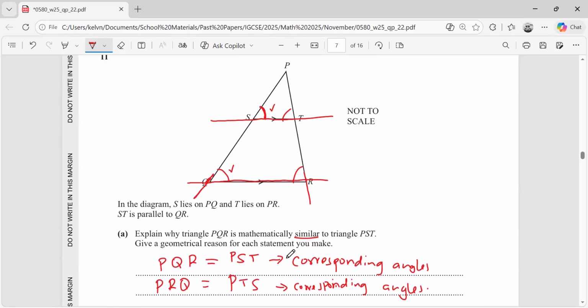Another thing that makes them mathematically similar is this angle.